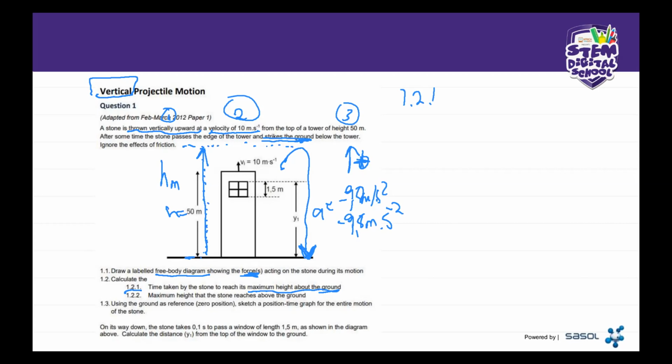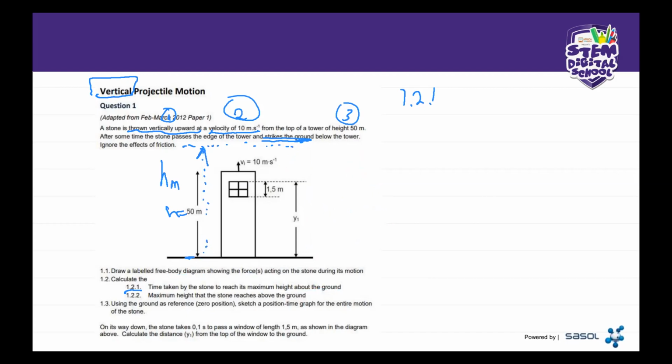First, what we can do, let me just draw a small sketch. Let me just erase here. I'm just looking for a clean page that we can work with.